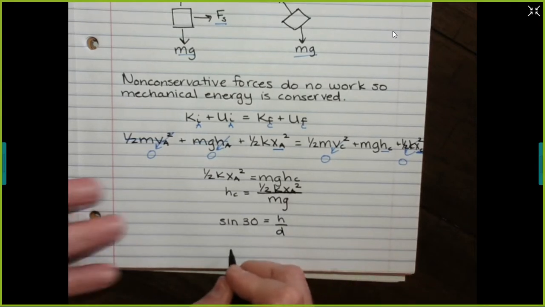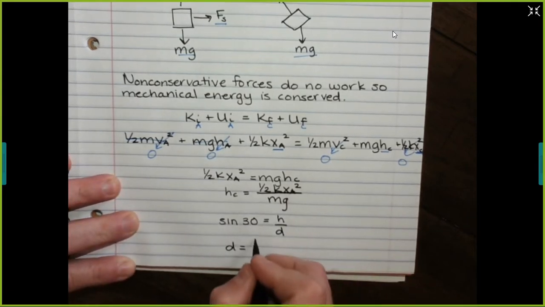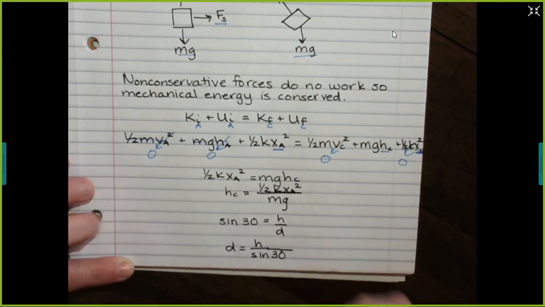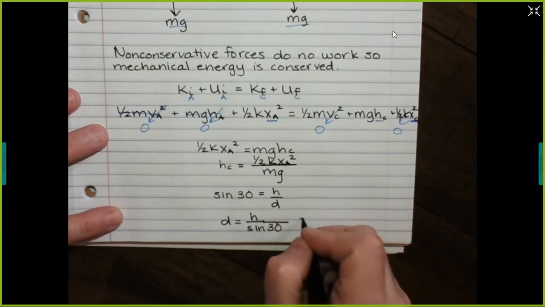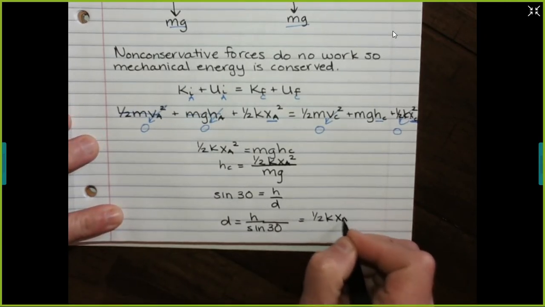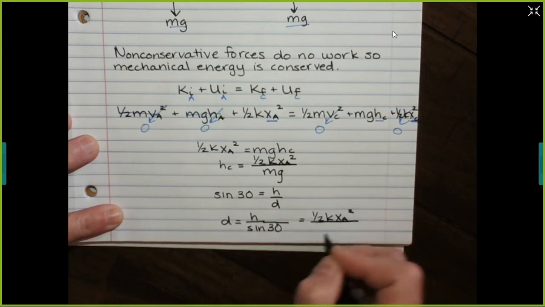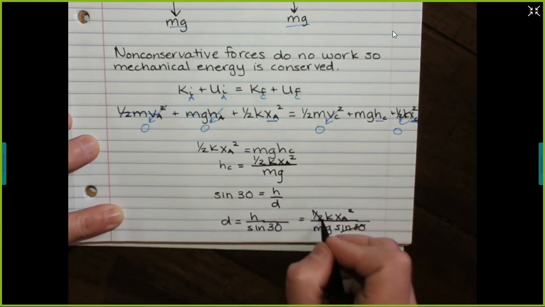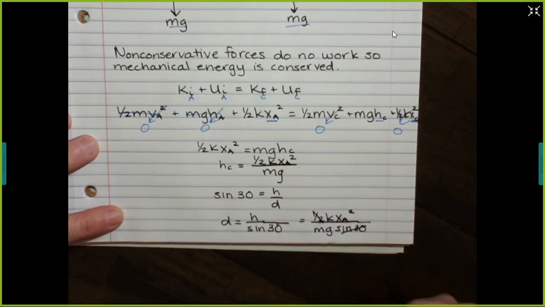So I know that d is going to equal h over sine 30. So I can just substitute all of this in. So this is going to be 1/2 kxa squared all over mg sine 30. Okay, sine 30 is just a half, so I can actually cancel that out. And so we've just got kxa squared divided by mg.